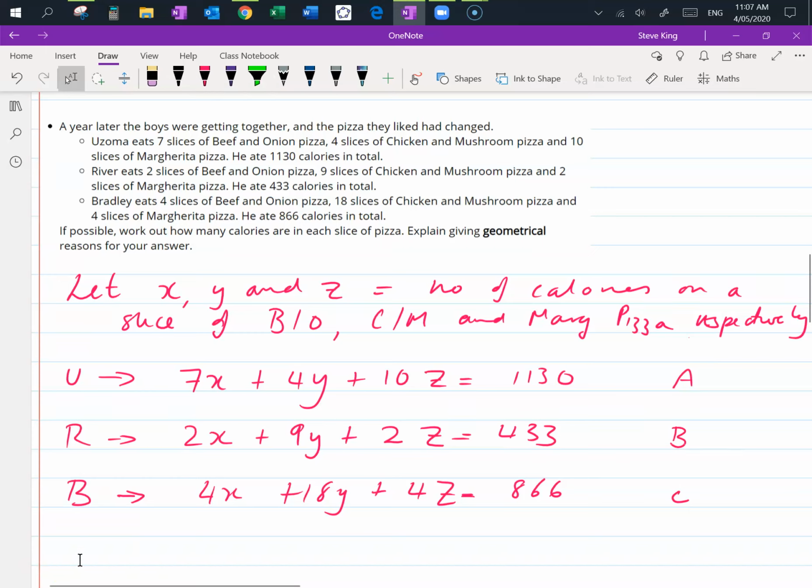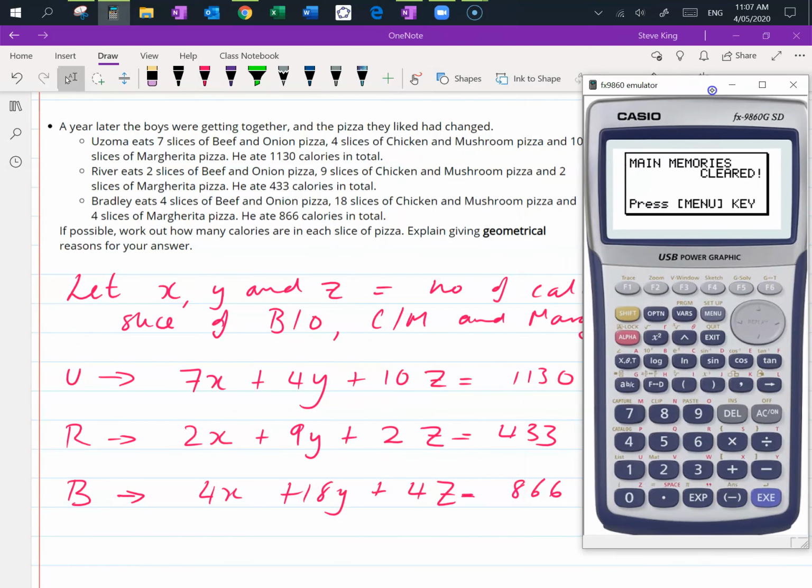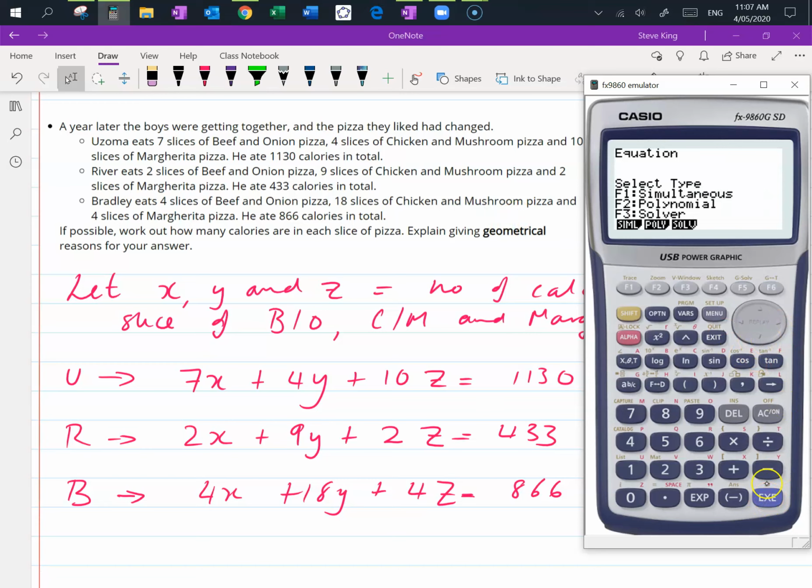and we want to try and work this out. Now, if we go to our graphics calculator and we enter these values in, so go to menu, go to equations, we're looking at simultaneous equations, so it's F1 with 3 unknowns.